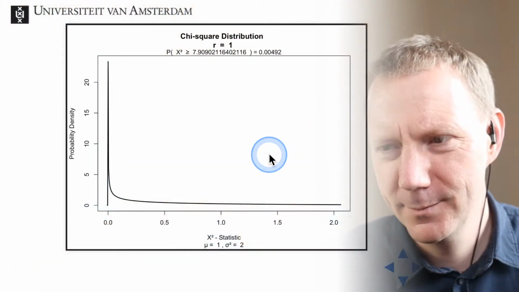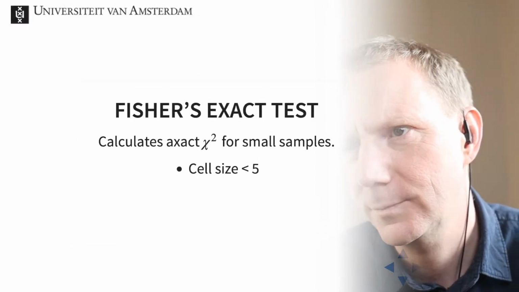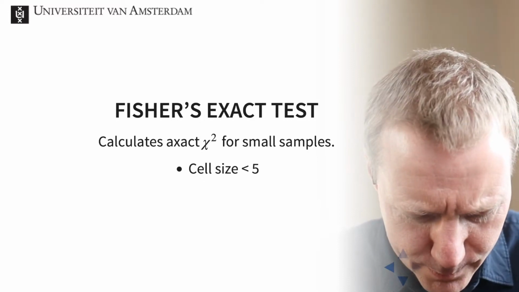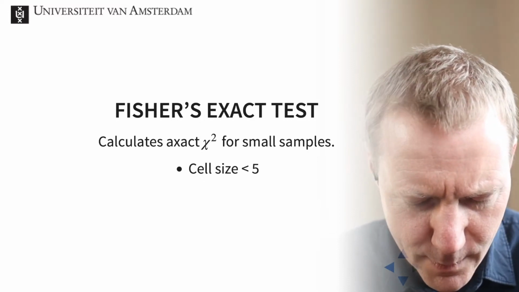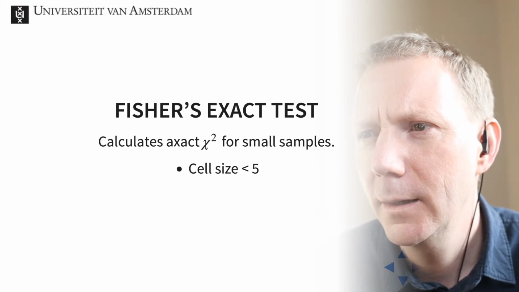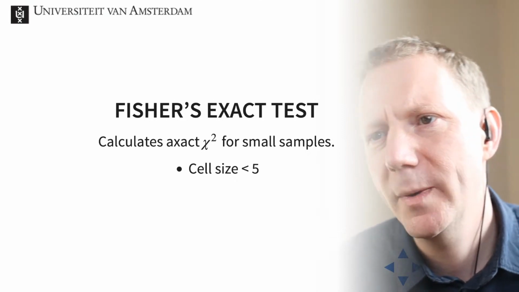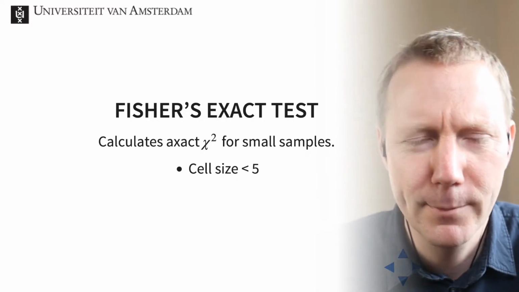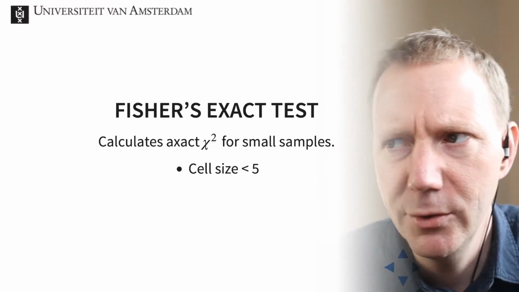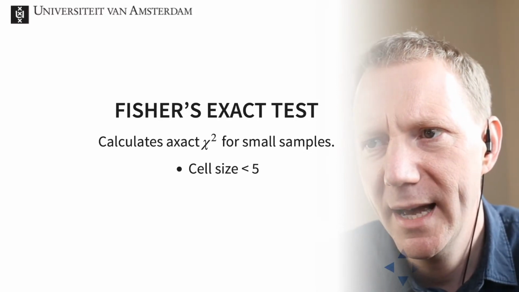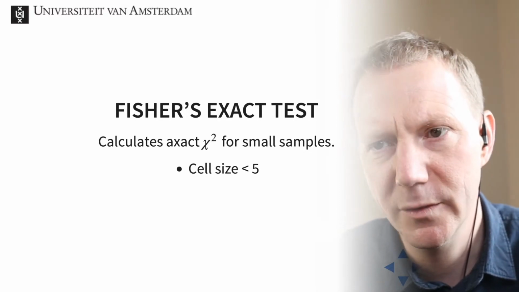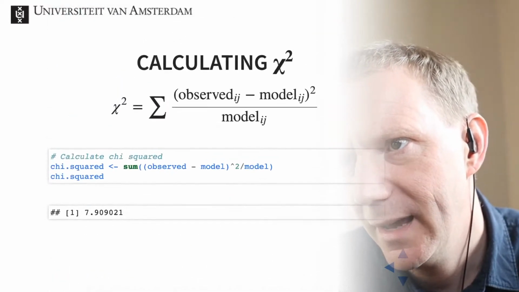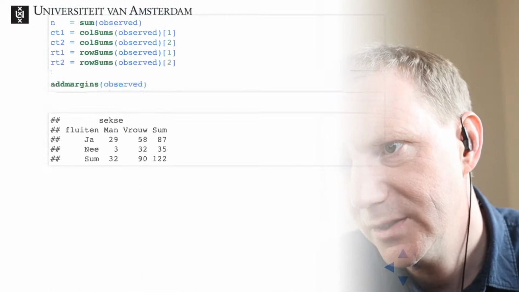Okay. So now there are some situations where the chi-square results are a bit skewed, especially when you have a small sample size in one of the cells. And in our case, we did have a small sample size in one of the cells, I think.